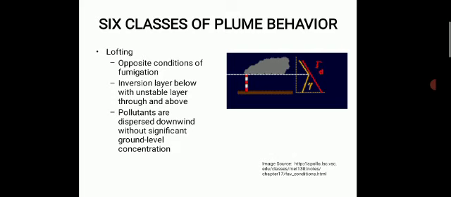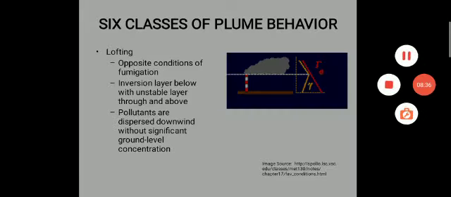Pollutants released below the inversion layer will remain trapped at ground level, and in the absence of any atmospheric instability, the upward transportation of pollutants is prevented. The figure shows the lofting plume coming out from a stack.